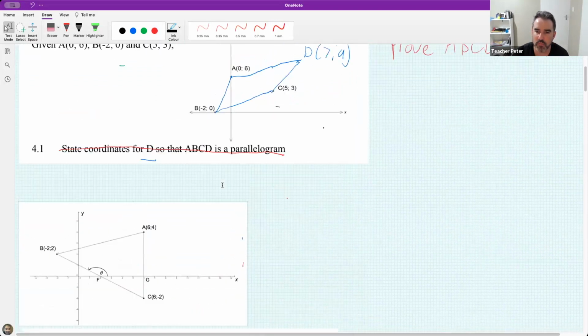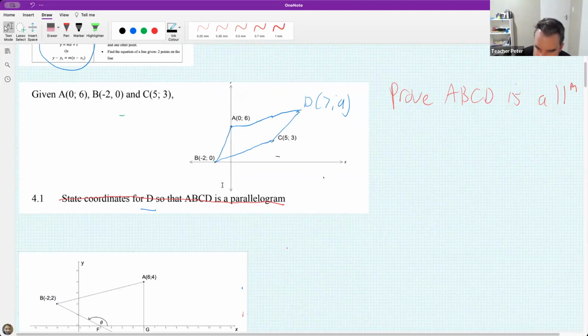Prove that A, B, C, D is a parallelogram. And I'll give you the hint that that's one diagonal and that is the other. I apologize for my horrible drawing. I'm just trying to get extra value out of my questions today.